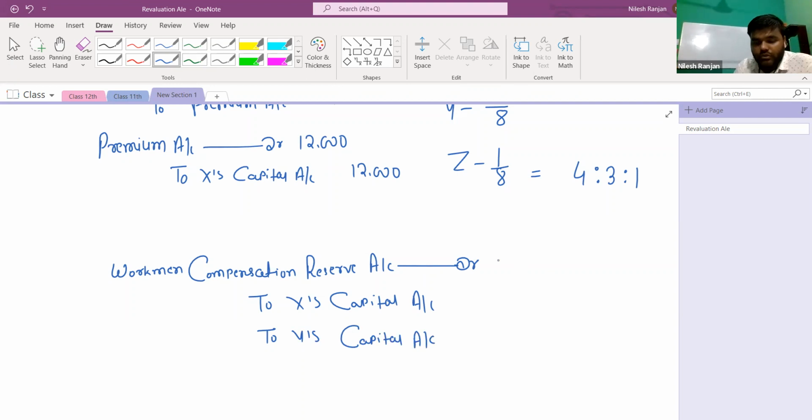The workman compensation fund is 5,800, and we have to distribute it in the old ratio. That's why 725 into 3 is 2,175, and 725 into 5 is 3,625.